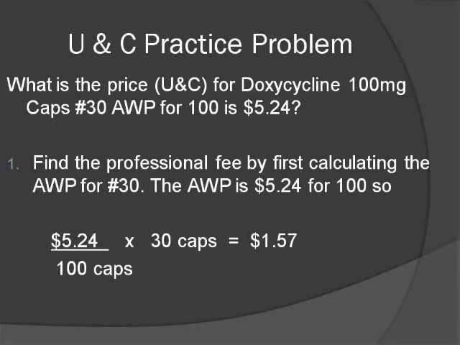So what is the price for doxycycline 100 milligram caps, number 30, where the AWP for 100 is $5.24? First we have to find out what professional fee this order will be given, and we have to calculate the AWP for 30 capsules. If the AWP for 100 is $5.24, then we simply have $5.24 over 100 caps multiplied by 30 caps, and that gives us $1.57.